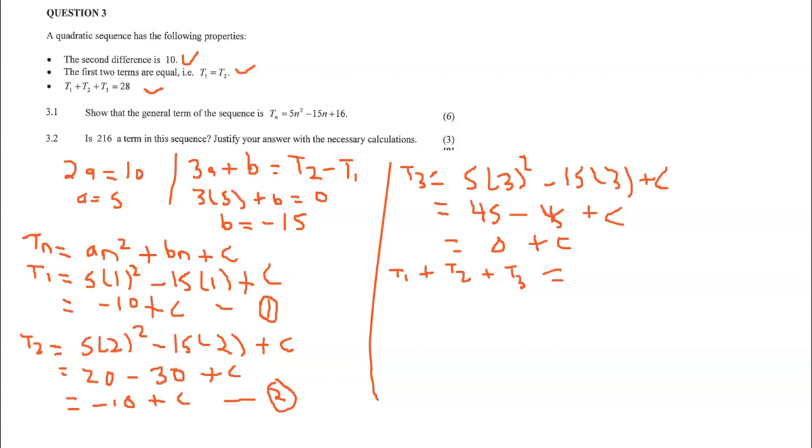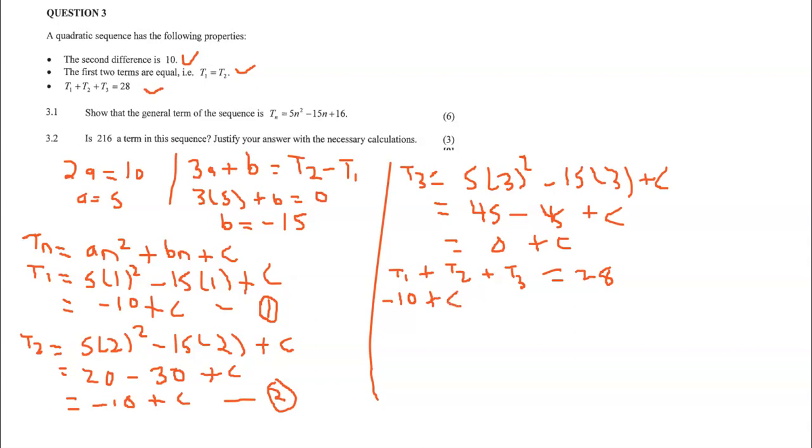We just put the values as they are. So what is our T1? T1, we know it was negative 10 plus c, which is negative 10 plus c, and then we continue again.